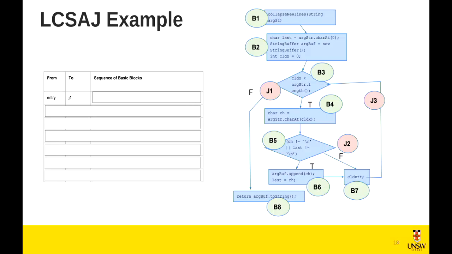An LCSAJ is made up of these linear sequences and jumps, or gotos, inside programs. Why do we have gotos in programs? When we write a program, we are writing a sequence of statements, but these statements have structures. They can have jumps when we execute the program. How can we convert a sequence of statements into a tree or graph-like structure? That's because of gotos. We can skip the execution of a chunk of code with goto statements.